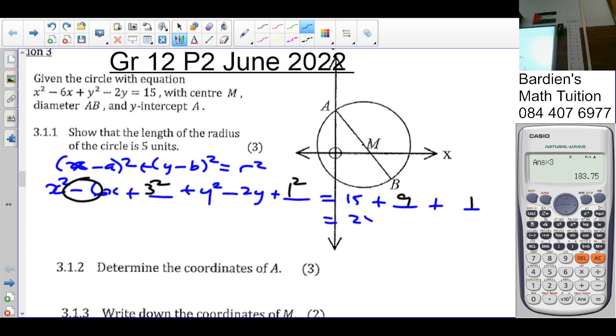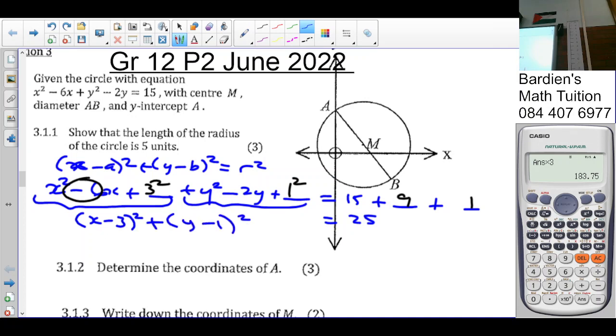So that gives us 25, and here's a perfect square trinomial. So that's (x minus 3) squared plus (y minus 1) squared equals 25. Therefore, this is r squared, which implies that r is 5. So the radius of the circle is 5.